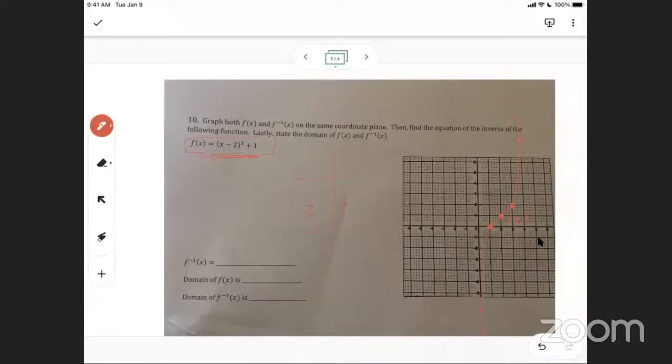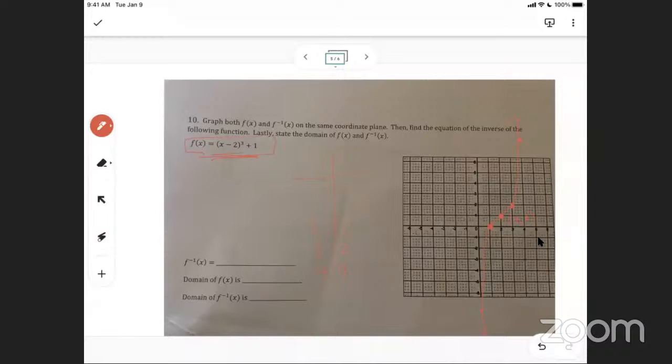Write that below. 3, 2, and then I went right 2 from there, so that's going to be 4, and then I'd have to go up 2 cubed from there. So if I go up 2 cubed, which is 8, I'm up to 9 now. So 4, 9 is my point.